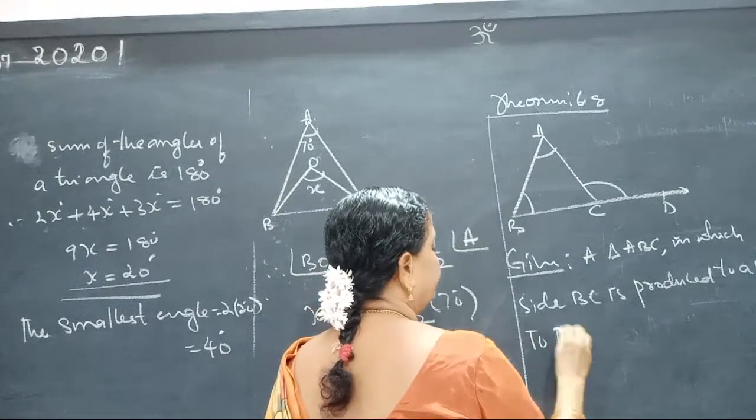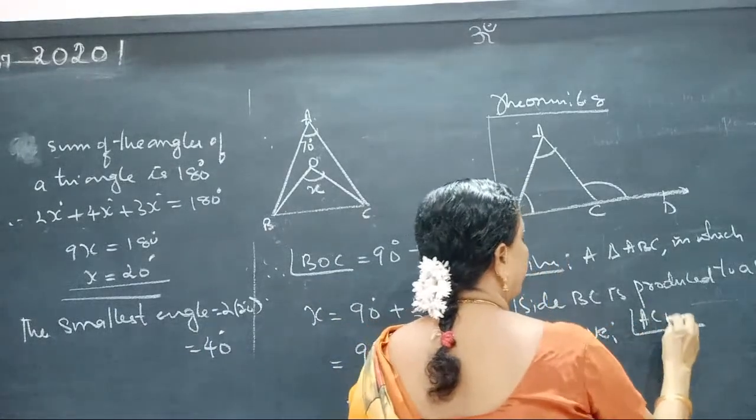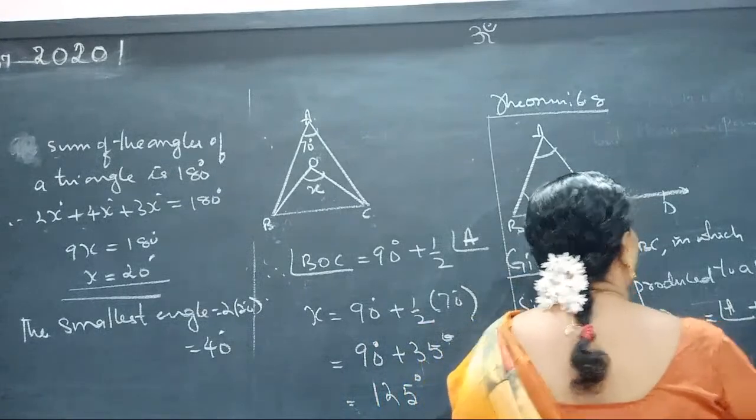To prove: angle ACD equals angle A plus angle B.